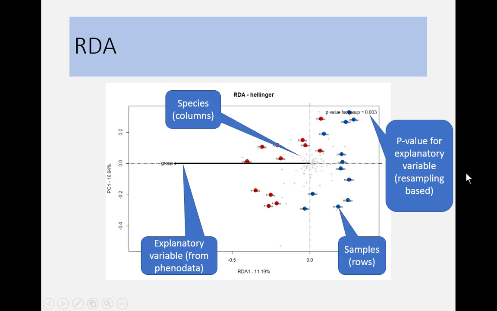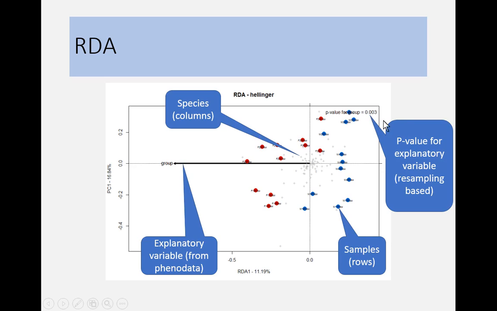So you have group 1 somewhere here and group 2 somewhere here. And as you can see, the red ones are to the left in the image, and the group 2, the blue dots, they are to the right of the image. So this grouping actually explains something of the difference between the samples in our dataset.